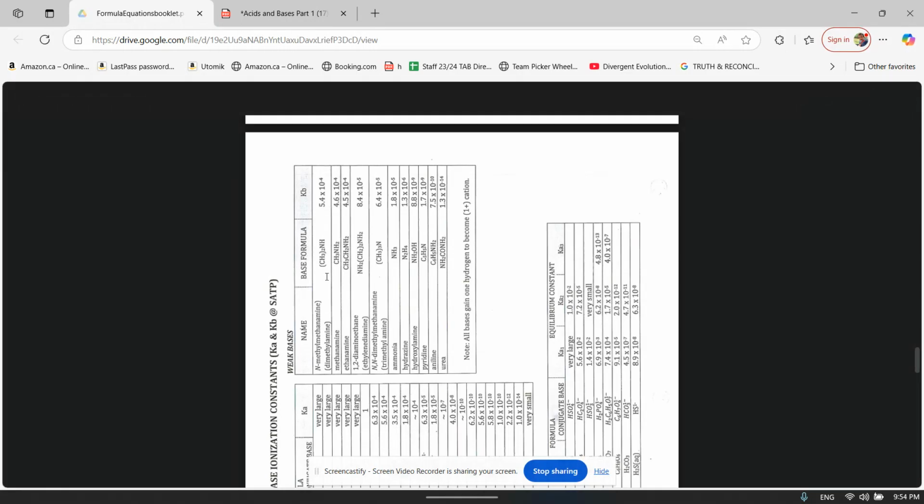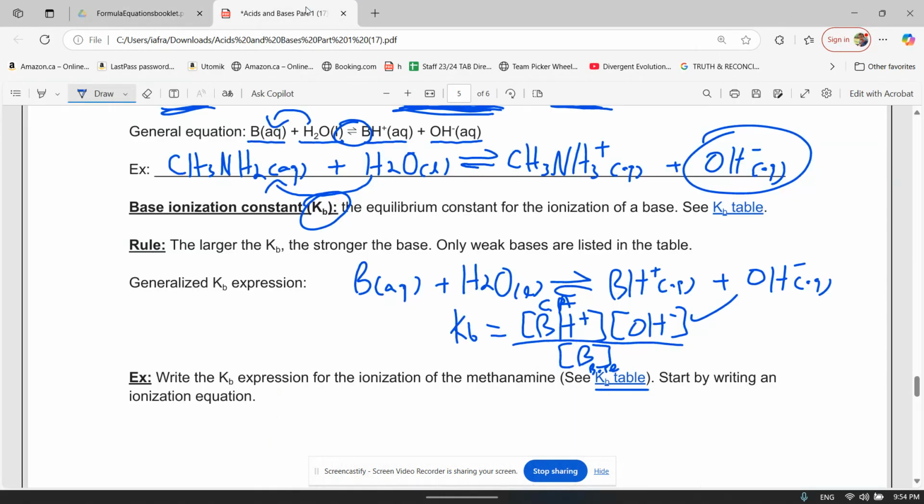So this will gain one and become NH2 plus. This will become NH3 plus. This one becomes NH3 plus as well. So they gain their hydrogen ions and become positive. And these are the Kb values you can see here. And of course, the smaller the Kb, the weaker the base. The higher the Kb, the stronger the base is.